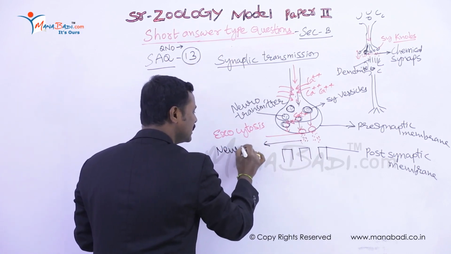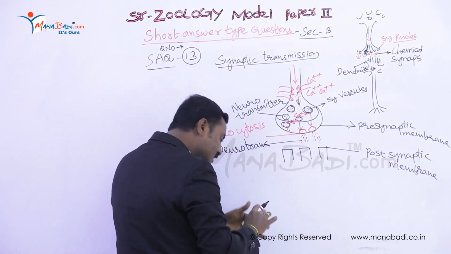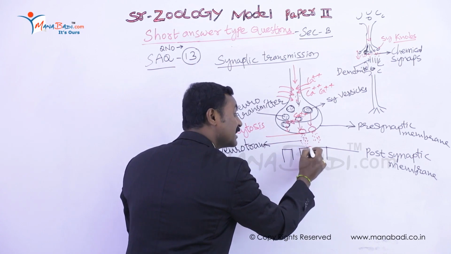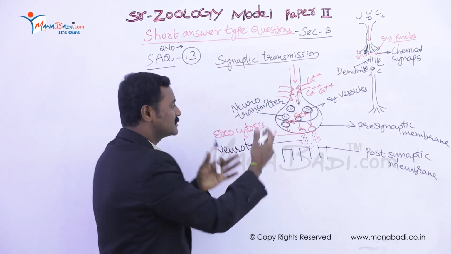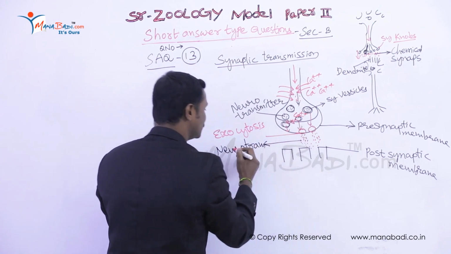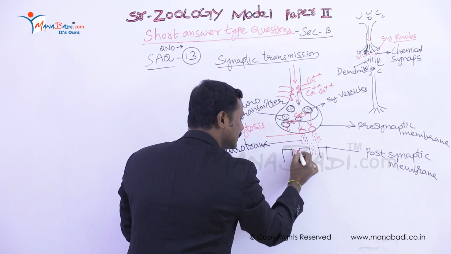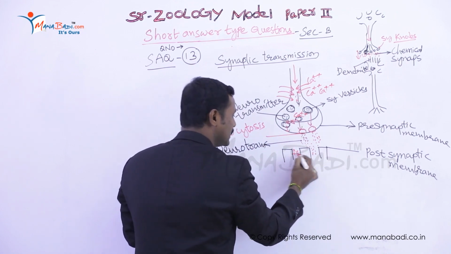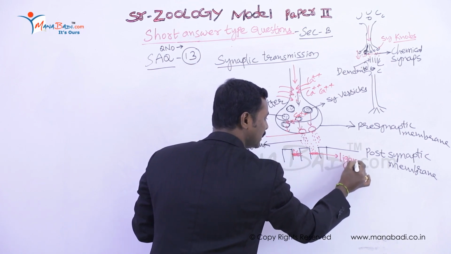Neurotransmitter is released, like a shower. If water comes out from a shower, no? Like that you are observing a shower of neurotransmitter connecting with this particular membrane. This membrane consists of ligand gated channels.